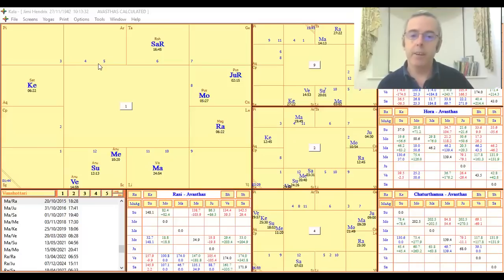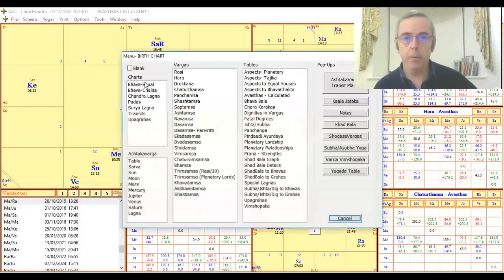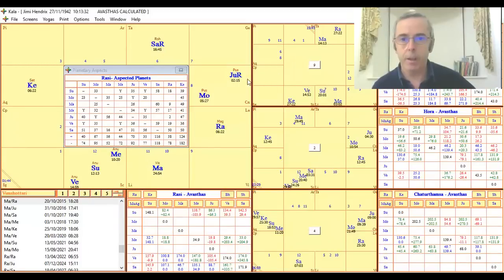Equally to take into consideration, we're not going to go into depth with this in this particular video, is the planets that aspect Rahu and Ketu. Especially if you're in a Rahu Dasha period, and let's say, for instance, you've got Venus creating a strong planetary aspect to Rahu, and you're in Rahu Venus. Well, let's bring up an example. Maybe we won't use Venus, but just to touch on this point briefly, because a lot of people don't talk about this.